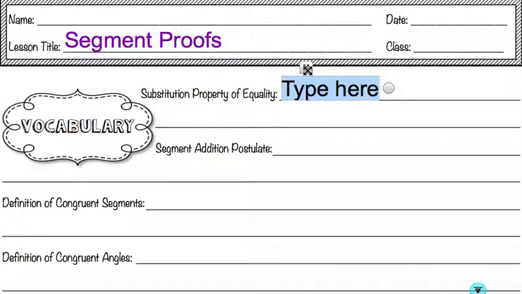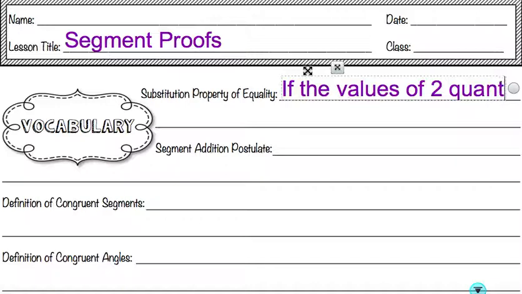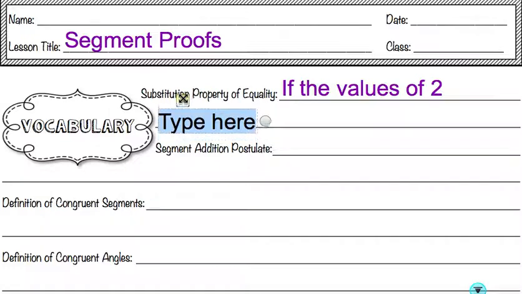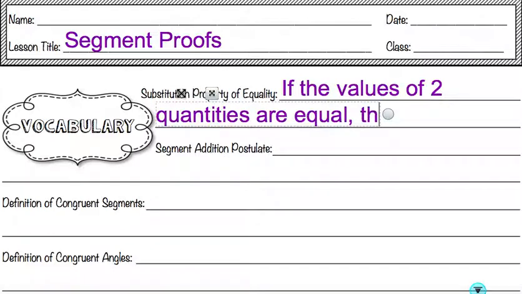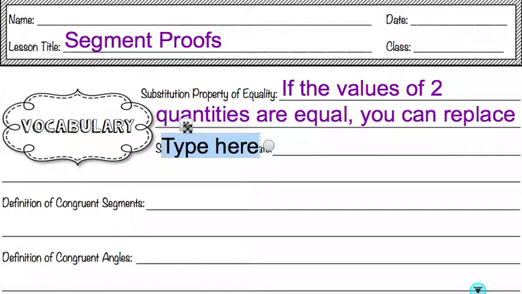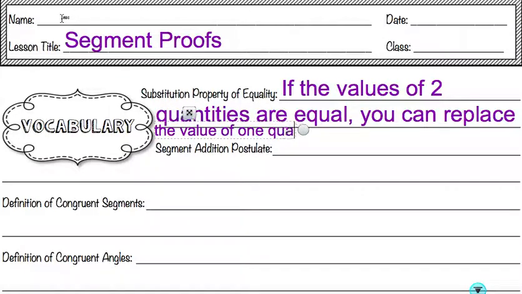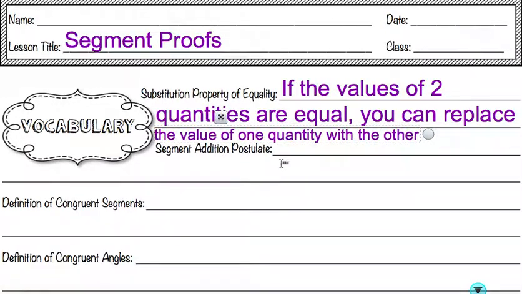My definition that I will give you is if the values of two quantities are equal, then you can replace the value of one quantity with the other.